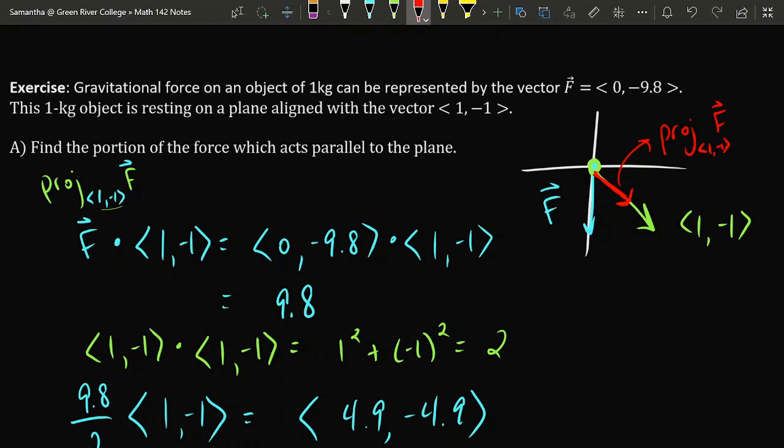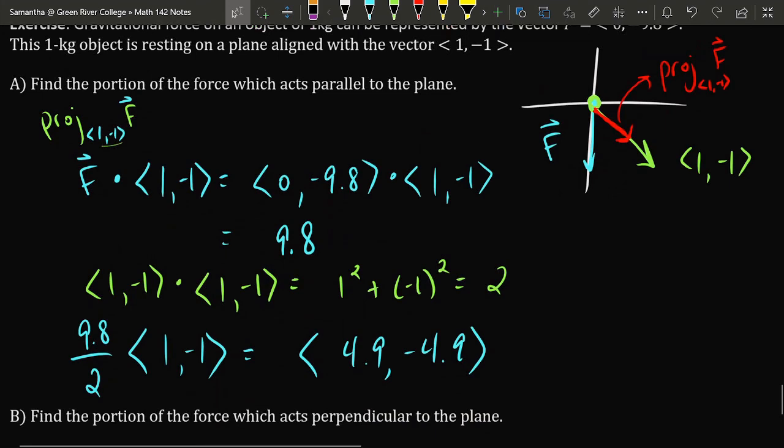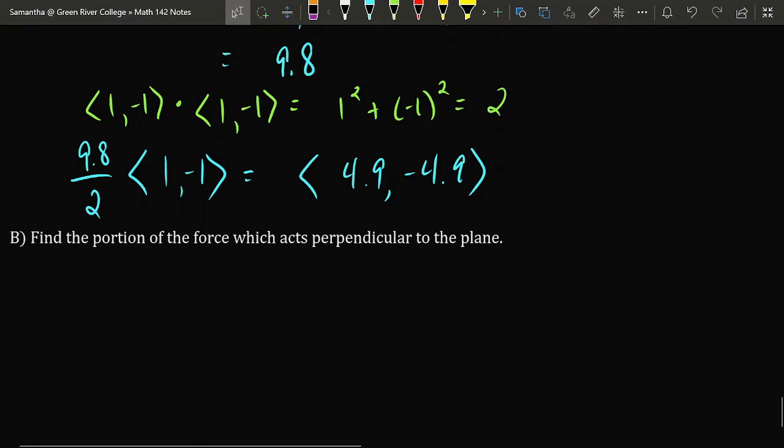So then the question is, all right, what is left over? If the projection represents the portion of the force which acts in a direction that is lined up with this plane, what's the portion of the force that acts in a direction which is perpendicular to this plane? To figure that out, all I need to do is take the force vector and remove the portion that is lined up to the plane.